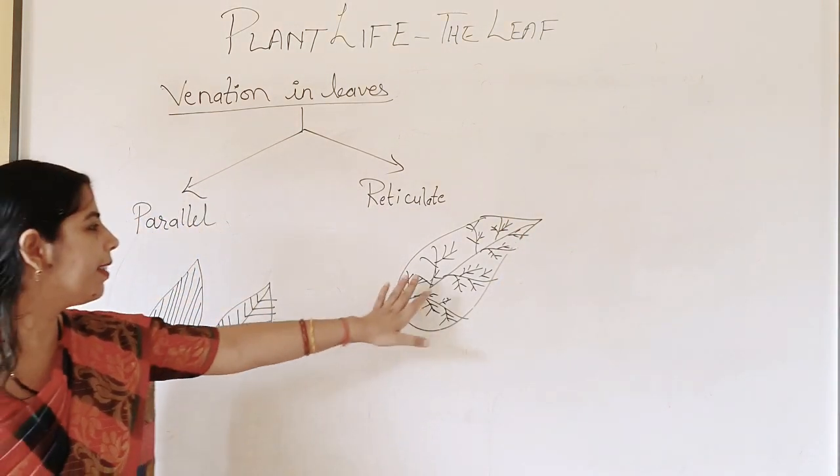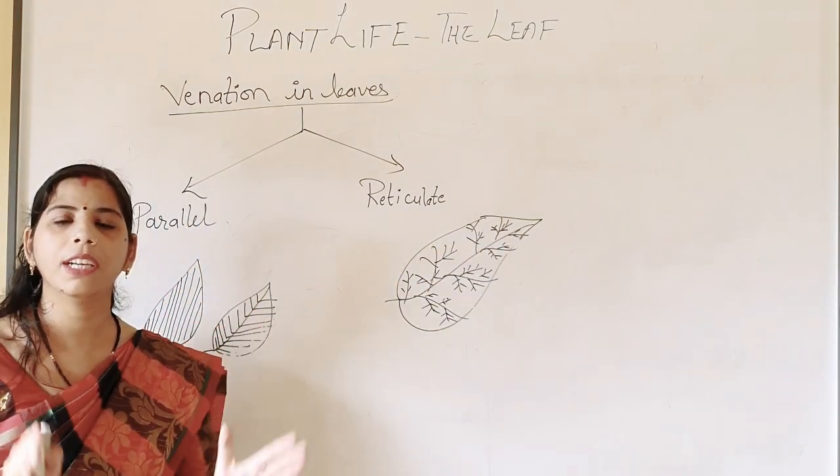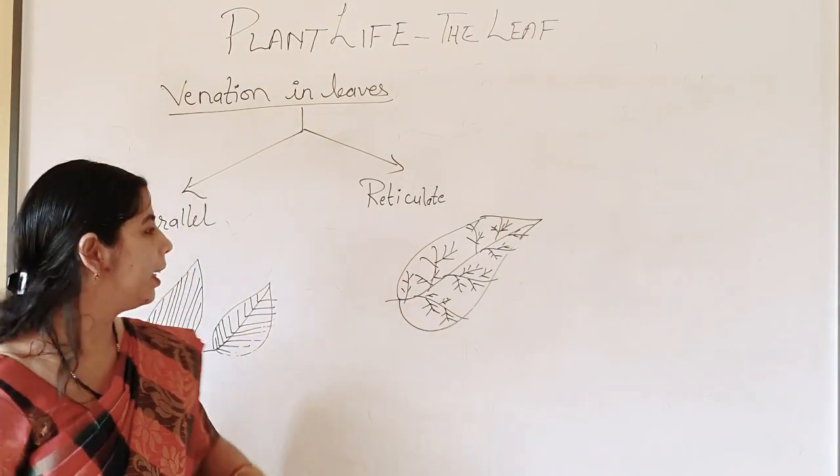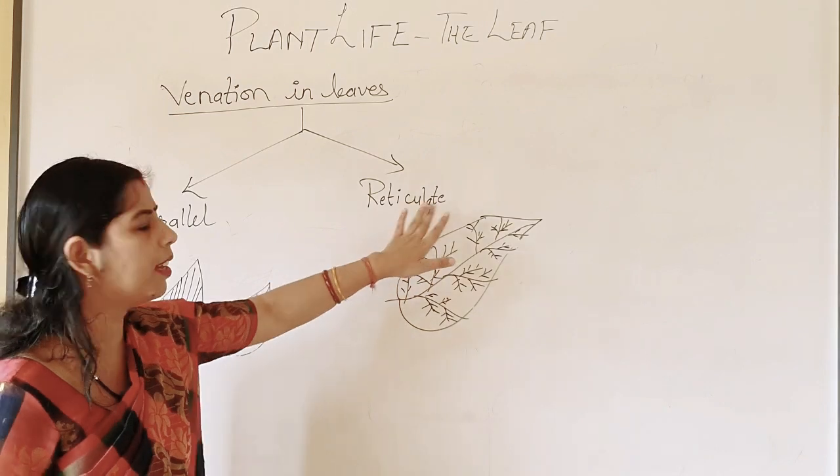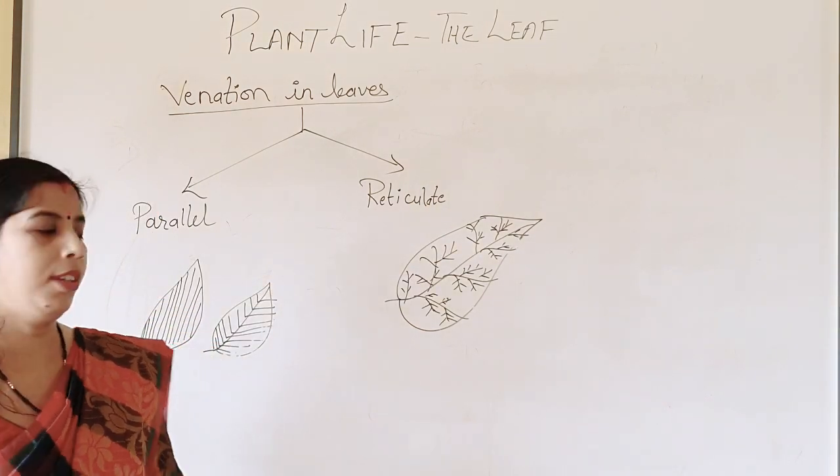That means here veins and veinlets are going to be further divided. That's why it forms a complex structure, and this complex structure is known as reticulate venation.